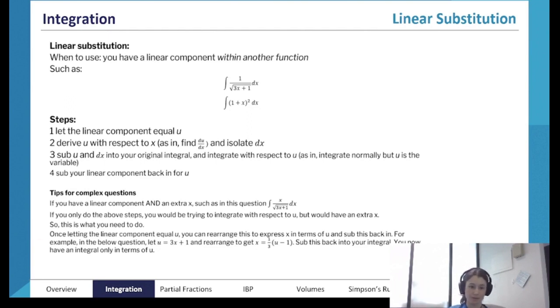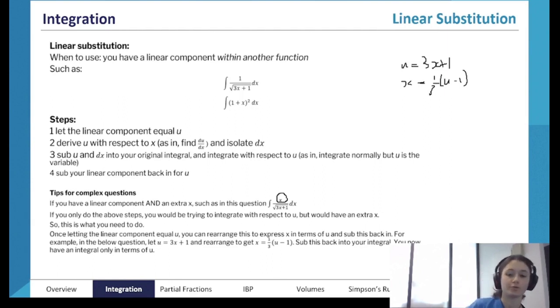So what I mean by this is that you would have your u equals 3x plus 1, and then you'd rearrange this to get x equals a third u take 1, and you would sub this in for the x up the top here. And then in your integral, you would only have it in terms of u, and then you would be able to simplify it a bit using algebra and integrate from there.